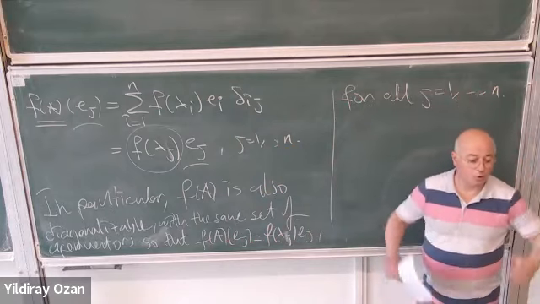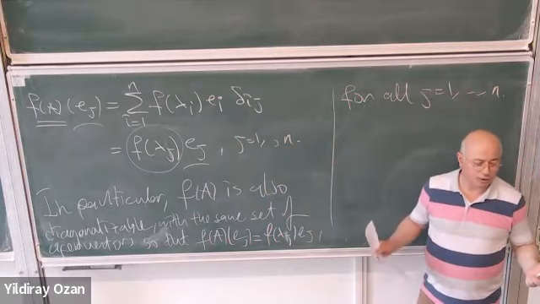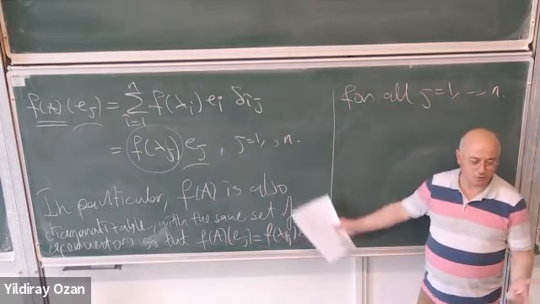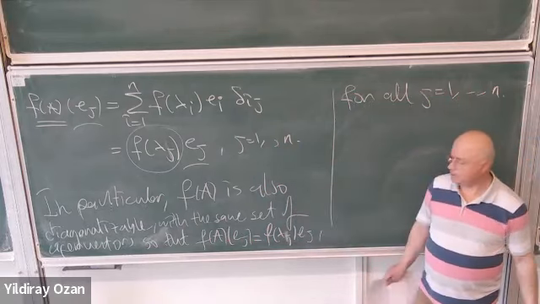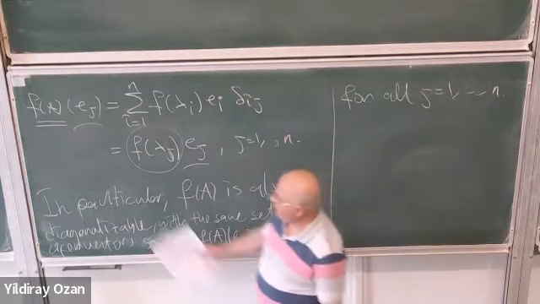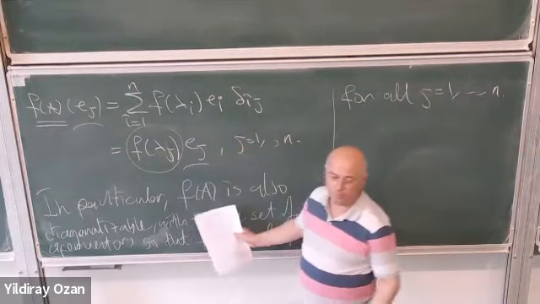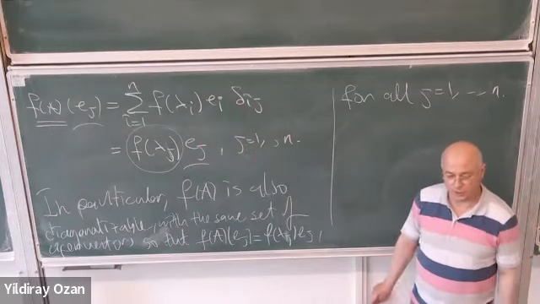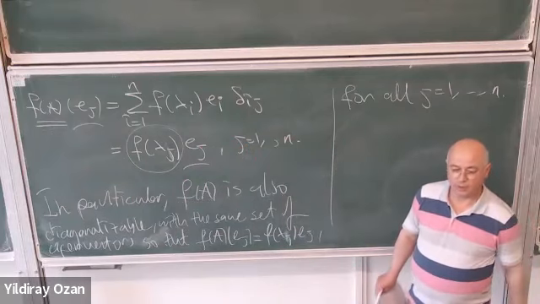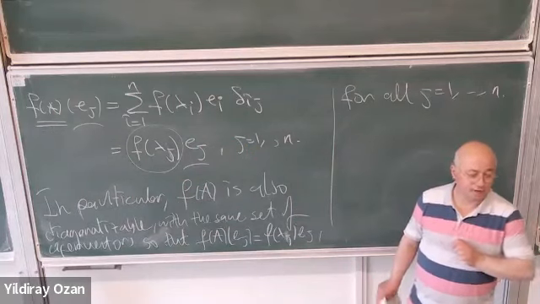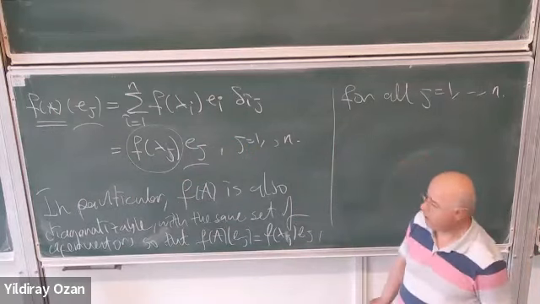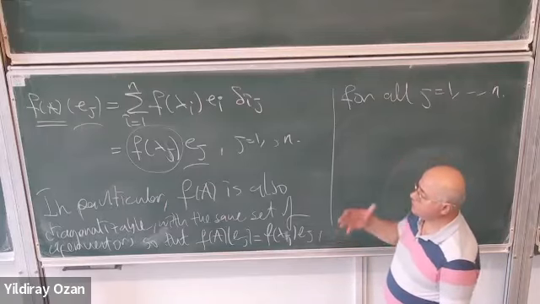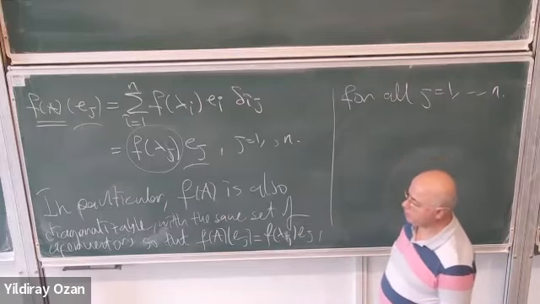So if all operators were diagonalizable, then I would stop here because we just defined what is f of A and how we compute it, and the lecture would finish here. But we know that not all operators are diagonalizable. Okay, therefore this definition only works for diagonalizable operators.